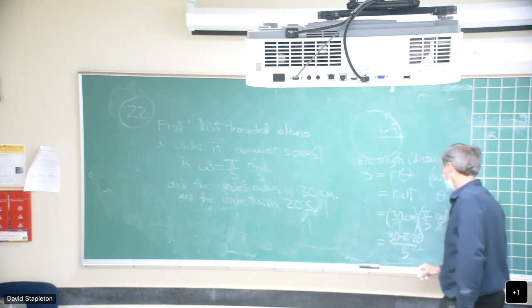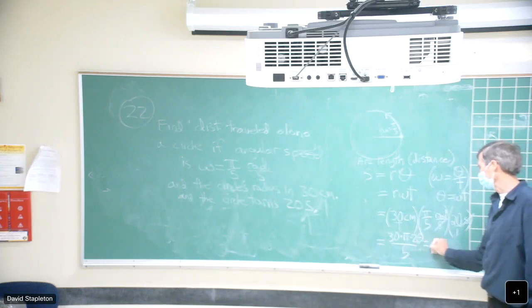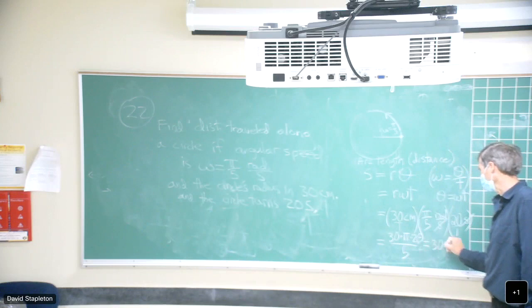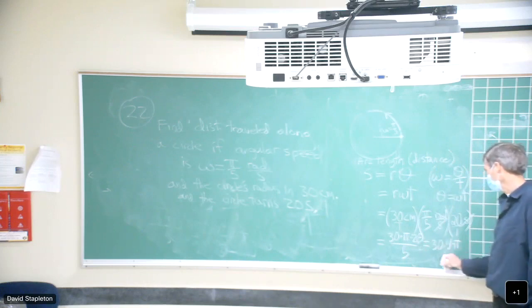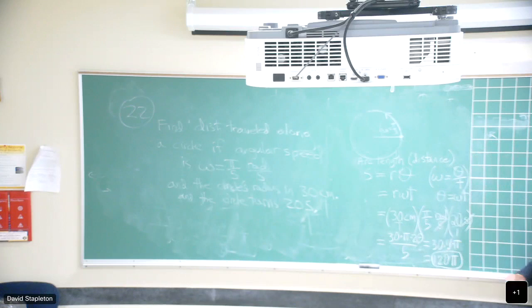Sometimes it's better not to multiply these out right away because 20 over 5 is 4. This is just 30 times 4 times pi. So it's 120 pi, exactly. The answer may have asked you to round it to something with decimal places, I don't know, but 120 pi is the exact number.